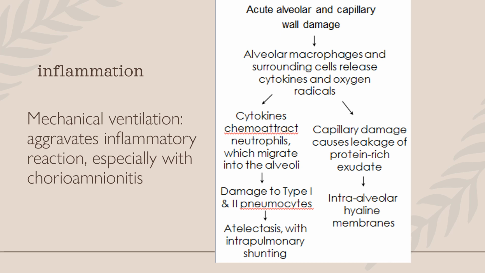So alveolar macrophages and surrounding cells can release cytokines and oxygen radicals, and the cytokines can chemoattract neutrophils, which then migrate to the alveoli, which ends up damaging type 1 and type 2 pneumocytes, and atelectasis and inflammation results.